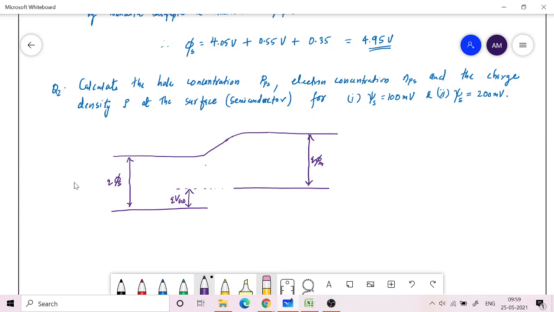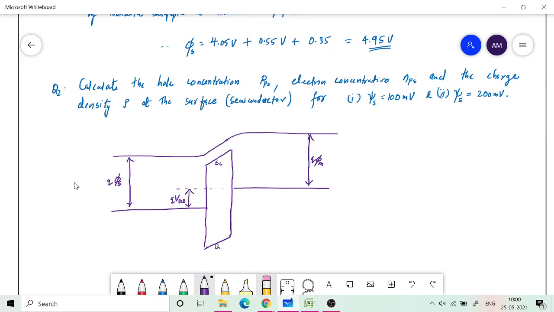And then you have an oxide region. So this is the EC in the oxide region and this is EV in the oxide region.